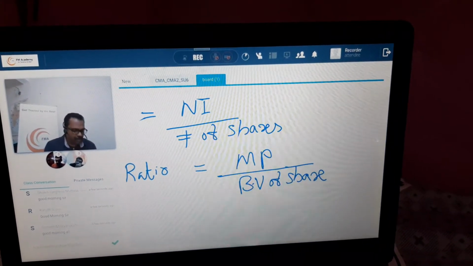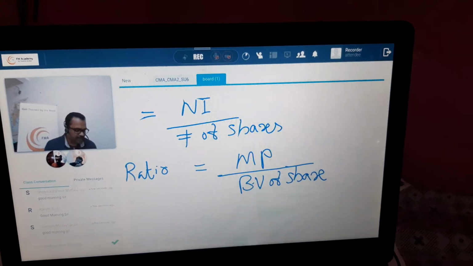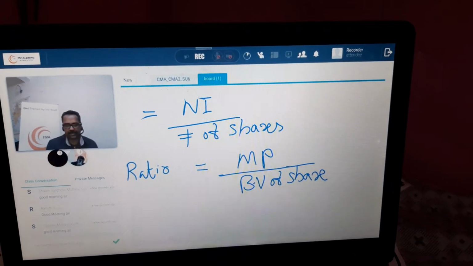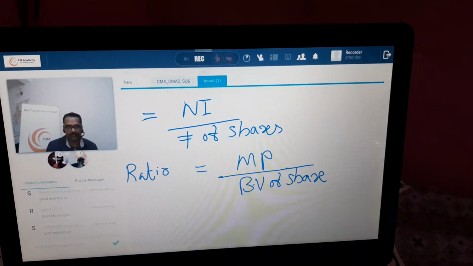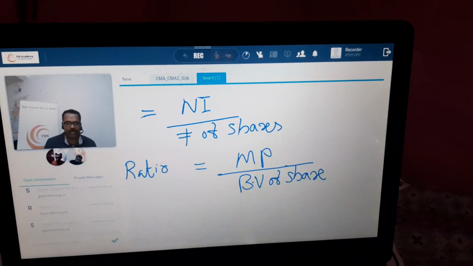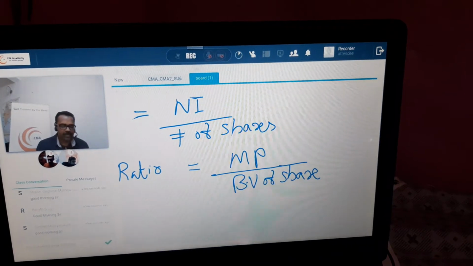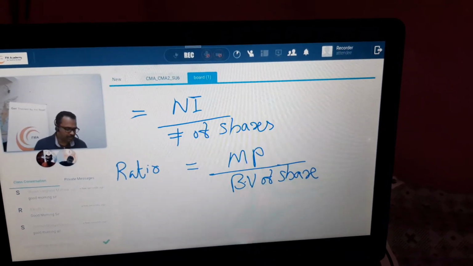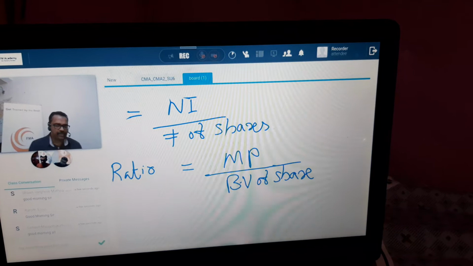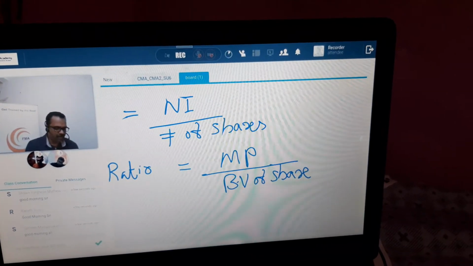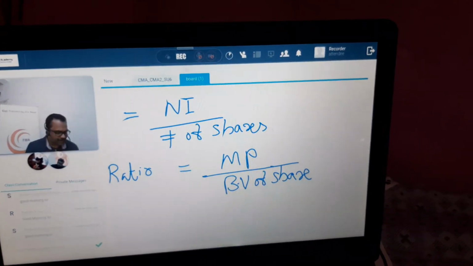If the PE ratio is 12 times, what is the estimated value per share? You have the PE ratio, they are asking you the market price. So what do you need? You need the EPS. EPS into PE ratio will give you the market price.